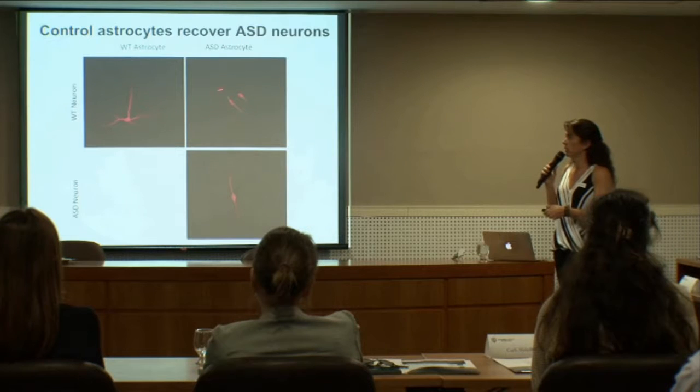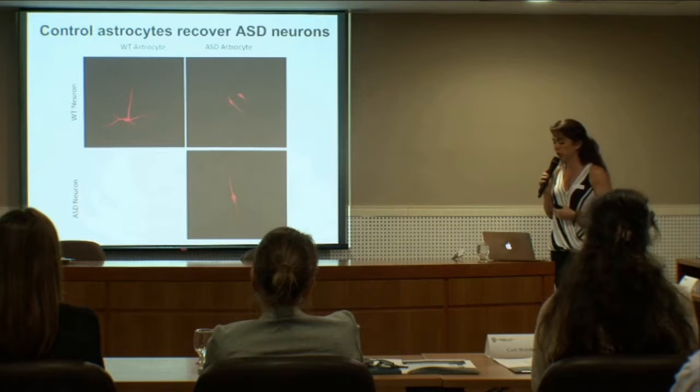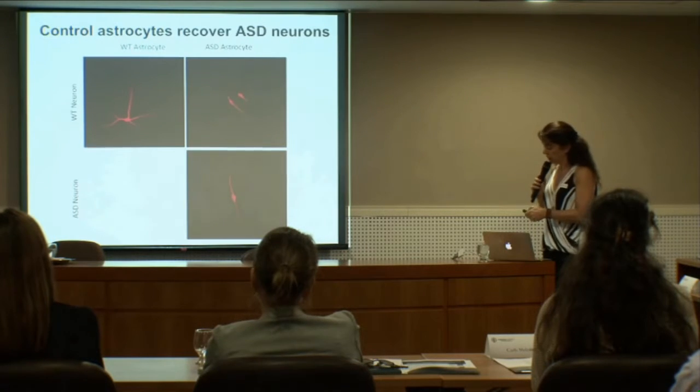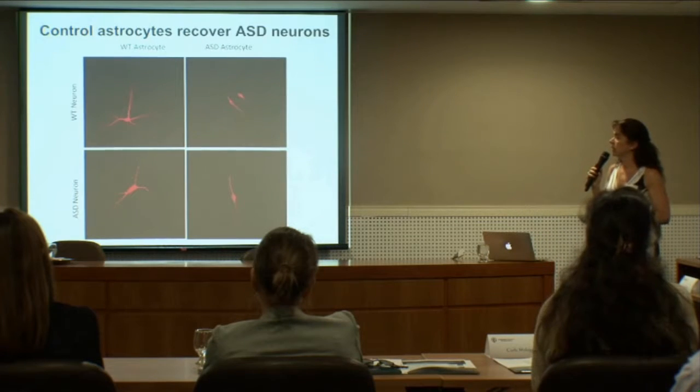The neuron becomes more simple with fewer branches than we saw before. And when you use autistic neuron with wild-type astrocyte, we have a kind of recovery here.